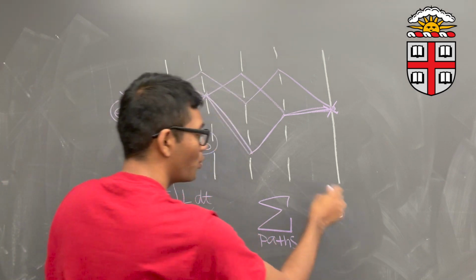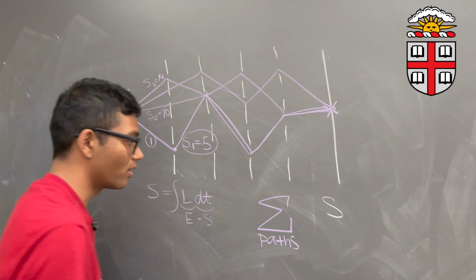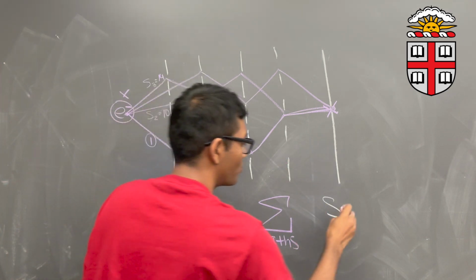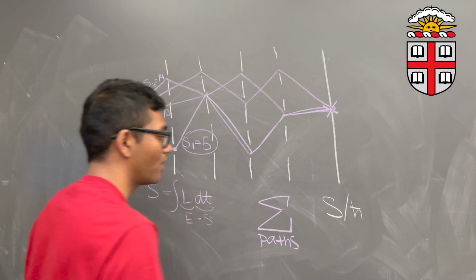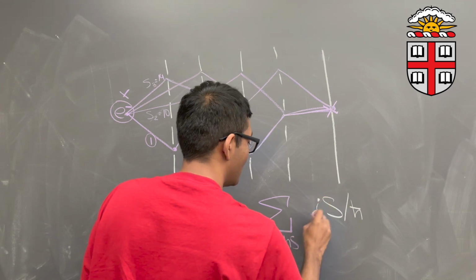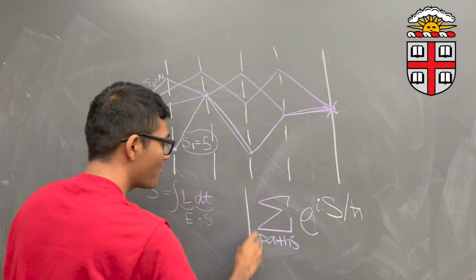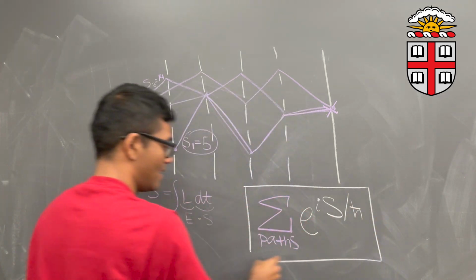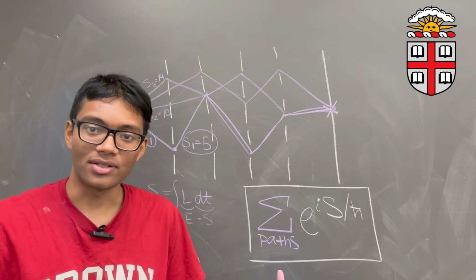And because we need to make sure this action has the right units for quantum mechanics, we introduce an h bar, okay? Divide the action by h bar and multiply it by i and exponentiate this. This right here, ladies and gentlemen, is the basic idea behind the Feynman Path Integral.